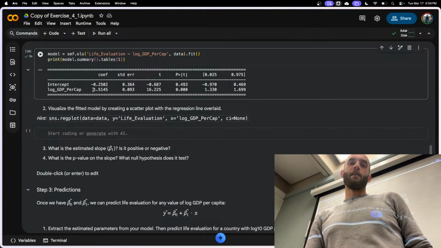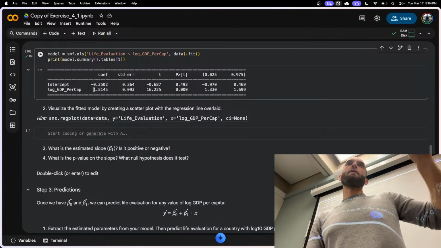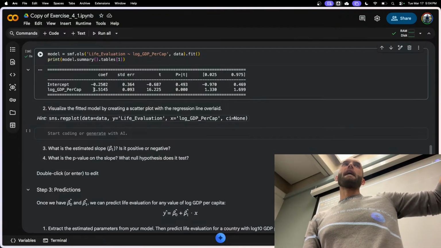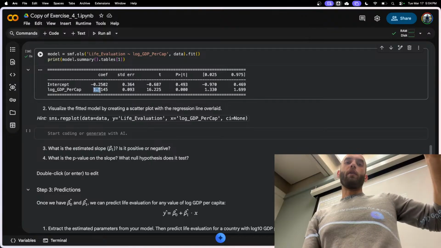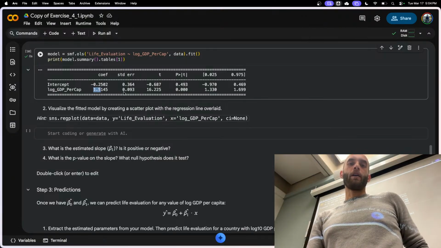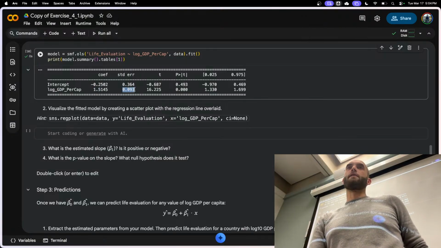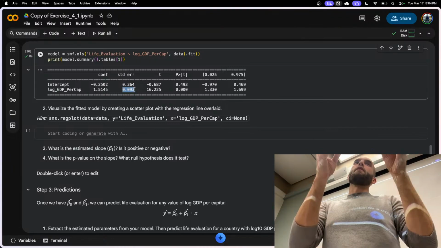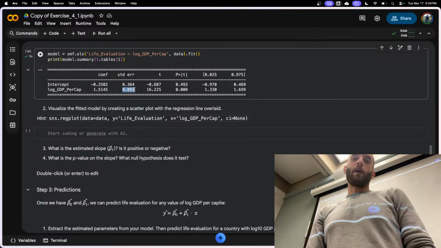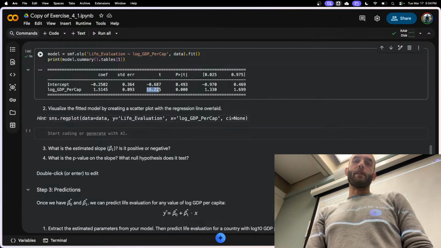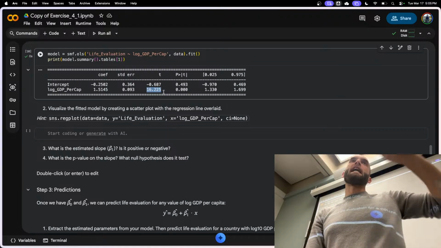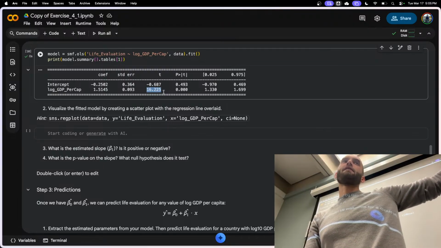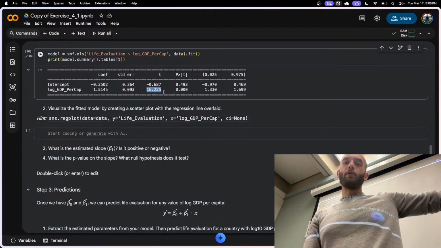This tells us every time we increase log GDP by 1, we increase happiness by 1.5, roughly. We also have our standard error, again the size of the sampling distribution around the null. This is the t statistic, so how many standard errors away from the null hypothesis is the sample slope.